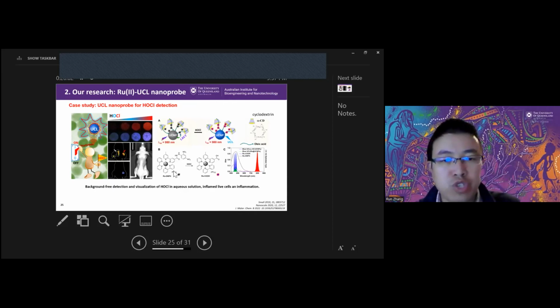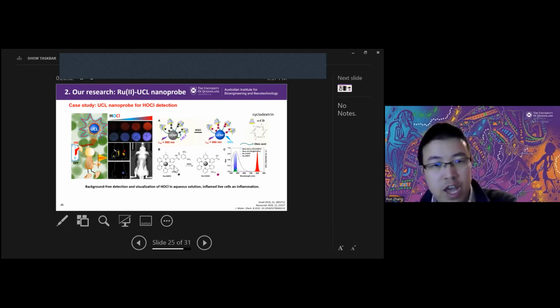Here we use the dye as the acceptor, and the upconversion nanoparticle as the donor. We build this energy transfer system because the absorption of the dyes overlaps with the emission of the upconversion nanoparticle.